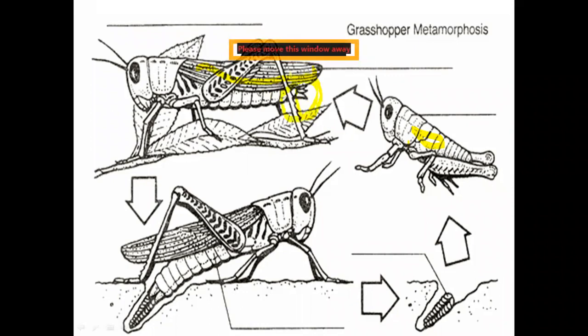Also in this immature stage of the grasshopper, the antenna is not fully developed. This is also one piece of information about the differences between adult and nymph. In the adult, there is fully developed antenna and other appendages.